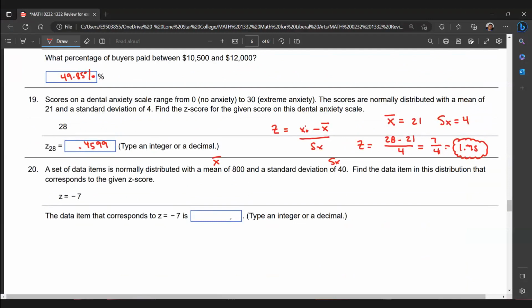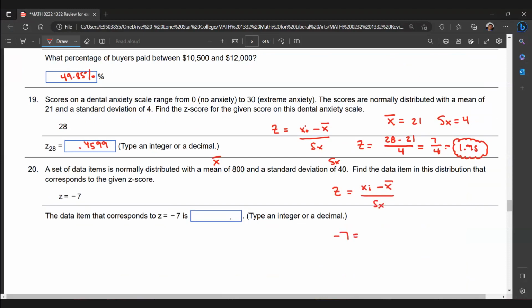Okay, the data item. So Z is equal to, we're looking for the data item. We're going to do a little bit of algebra here. The Z-score is -7.